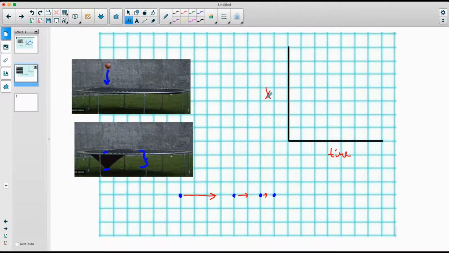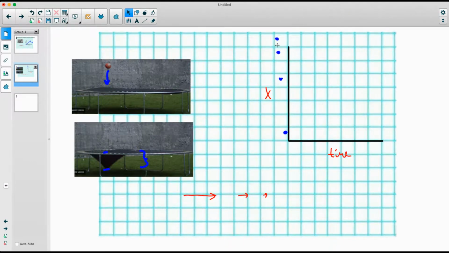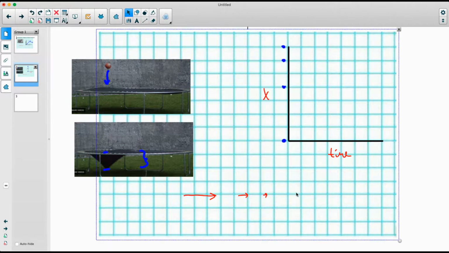Let's just say X for position. Okay, so let's again grab our motion diagram, and let's rotate it so that it goes along the Y-axis, the position axis. Get that straightened out here. There we go. All right, so there's the motion diagram lying along the position axis.